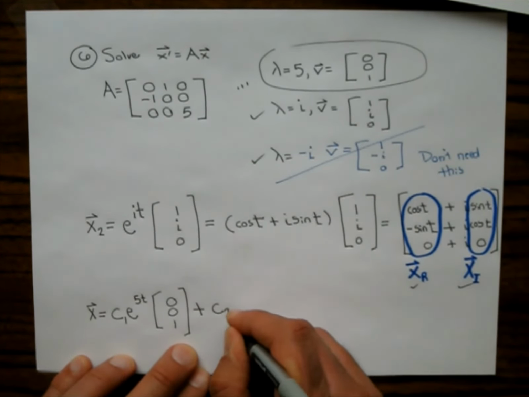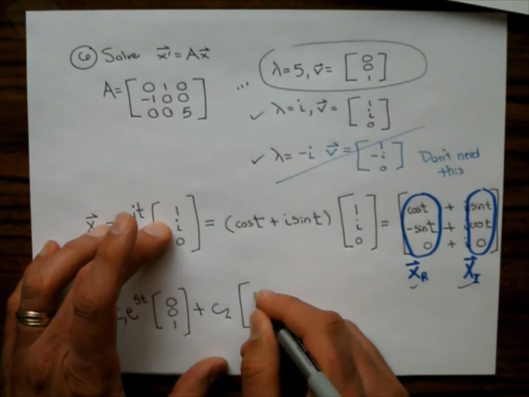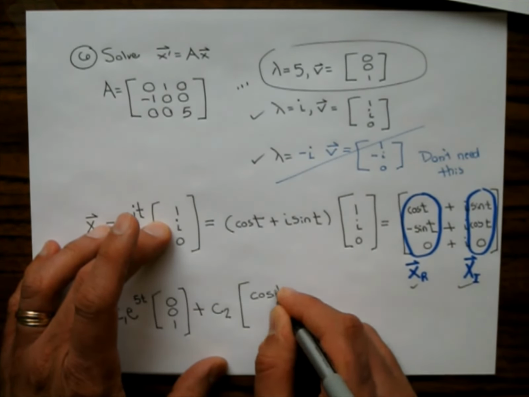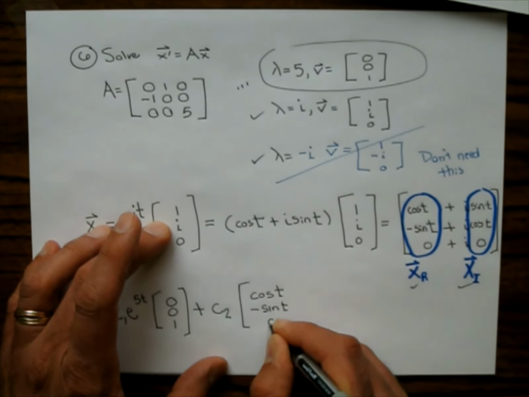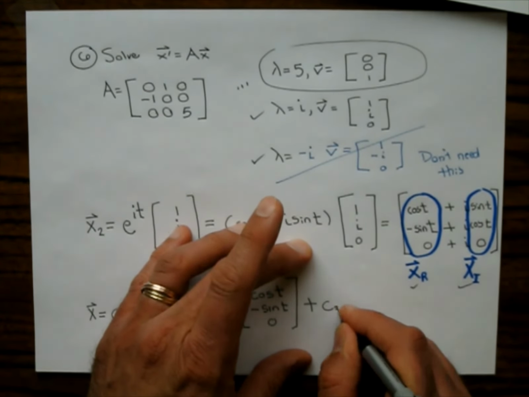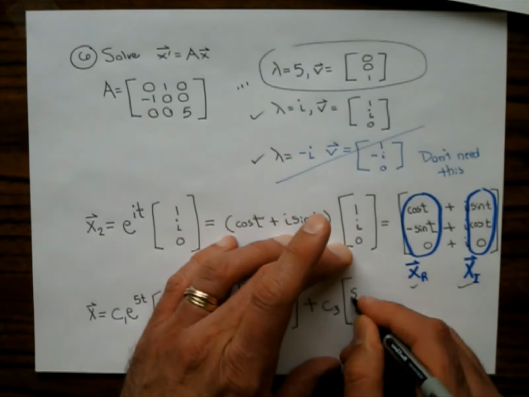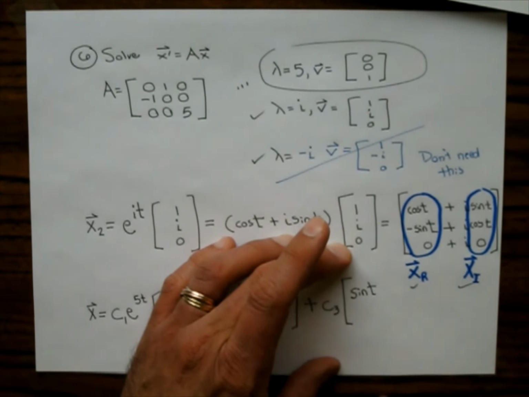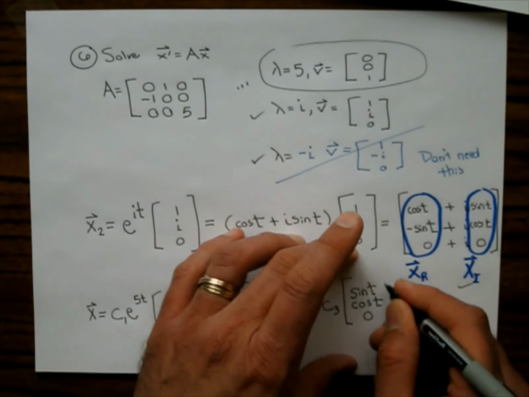So this is C2, and then we'll just take this guy right here, which is cosine t, negative sine t, 0, plus C3, and then we're going to take this one right here, which is sine t, cosine t, and 0.